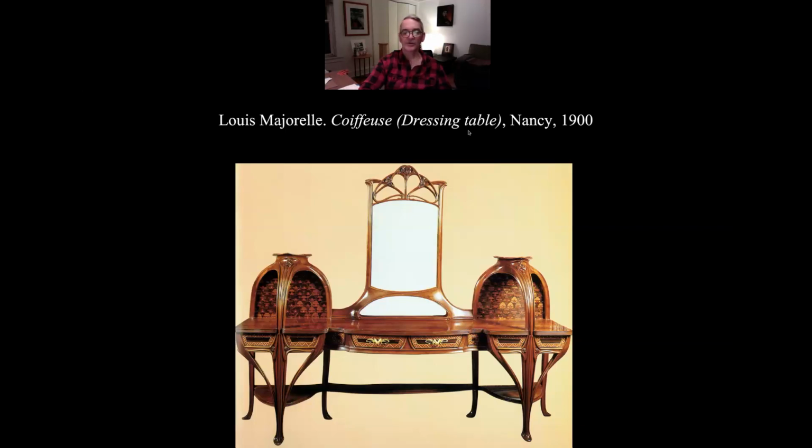It looks like it would be more of an obstacle, but it creates these two little spaces on the right and the left of the mirror. It's meant to be interesting and sculptural. It's really meant to be more a piece of art as much as it is a piece of furniture. That's, I think, a strong feature of this style.